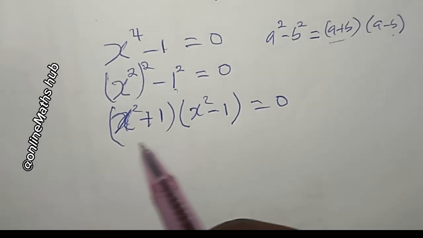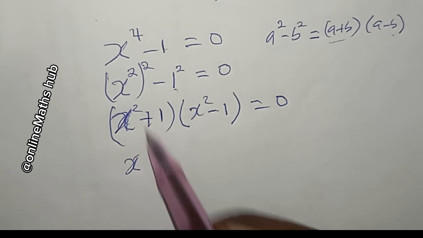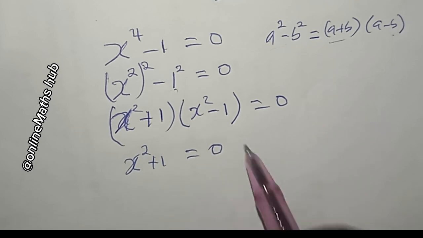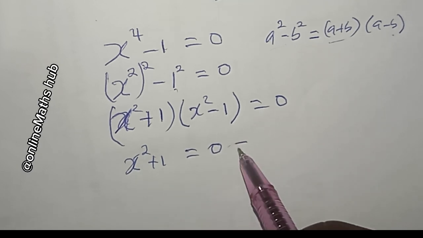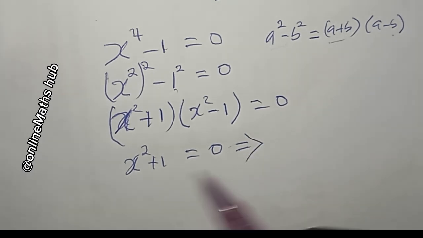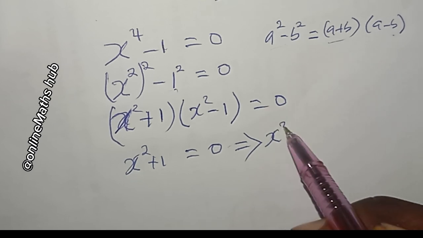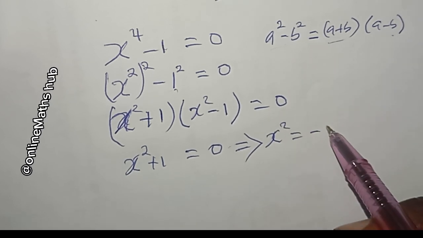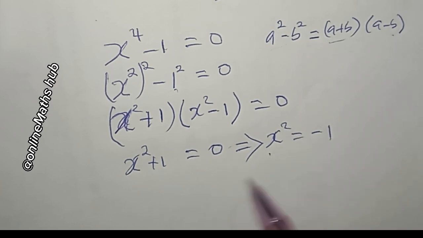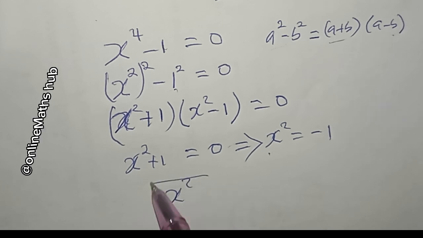The first case is x power 2 plus 1 is equal to 0, and I can take this 1 to the right hand side. This implies that x squared is equal to minus 1, and we can take the square root of both sides.